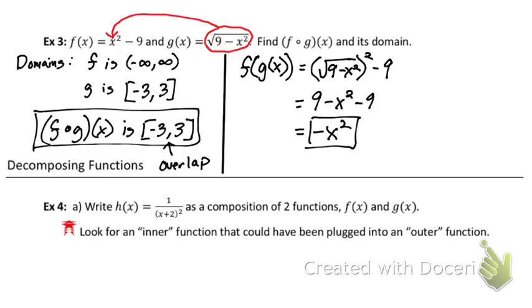That is because you only can plug negative 3 to 3 into this. So you get your domain first and then get your function. Don't let your function sway your domain. All right, that domain is still negative 3 to 3.